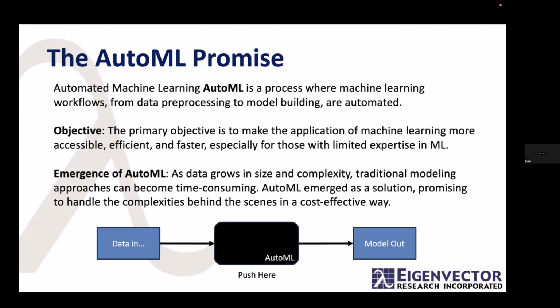AutoML has emerged out of that as data grows in size and complexity. Traditional methods can become time consuming, so AutoML emerged as a way to handle all these complexities in a cost effective way.